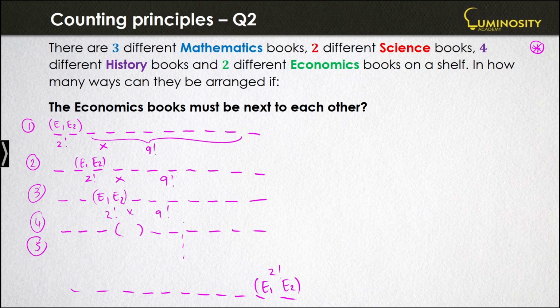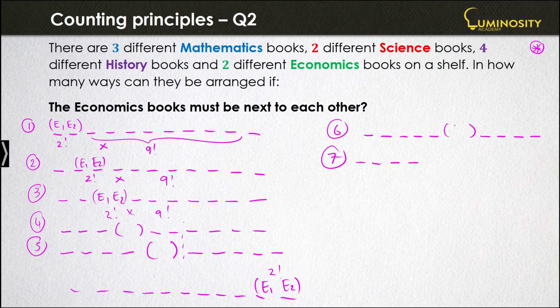Okay, then the fifth way, there's going to be 1, 2, 3, 4 spaces now. Okay, and then 5 remaining spaces over here. The sixth way is going to be 1, 2, 3, 4, 5, and E1 and E2 go in here. And there's 1, 2, 3, 4 left. The seventh way, there's going to be 1, 2, 3, 4, 5, 6 spaces, E1, E2, and then 3 spaces left.